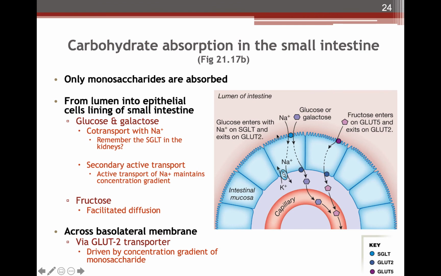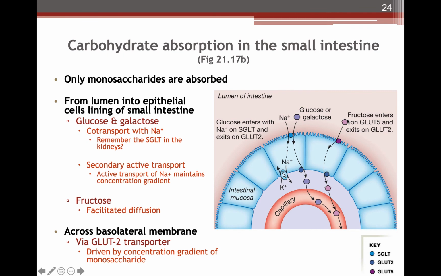So this is showing you how these various monosaccharides are transported from the lumen of the small intestine, trans-epithelially, if that's even a word, across the apical membrane here and the basolateral membrane here to get into the interstitial fluid and then join the blood, the capillaries that surround the small intestine.